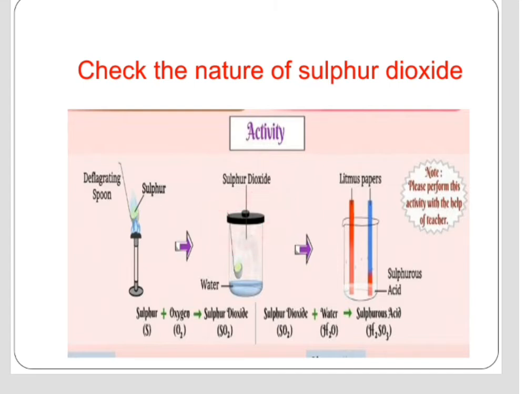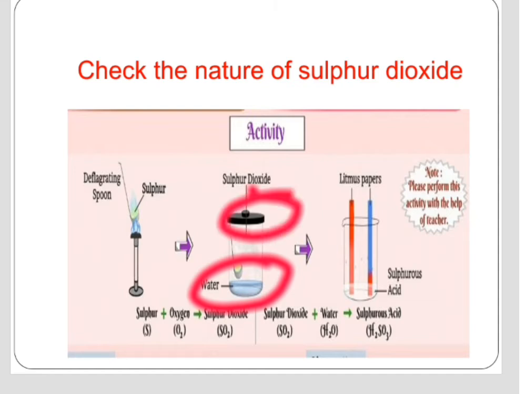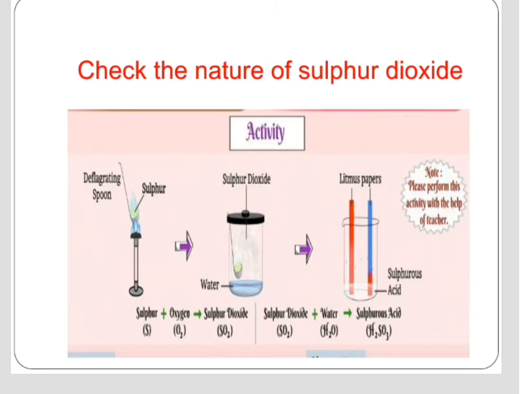Add a small amount of water in the jar and quickly cover the jar with the lid. Shake the gas jar well. Test the solution with red and blue litmus paper.